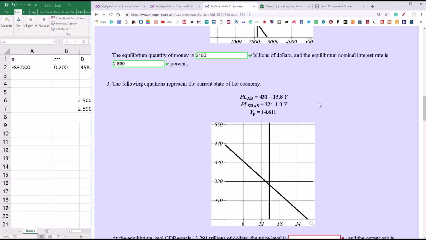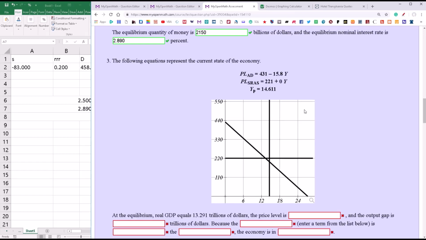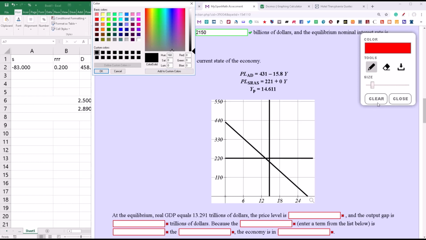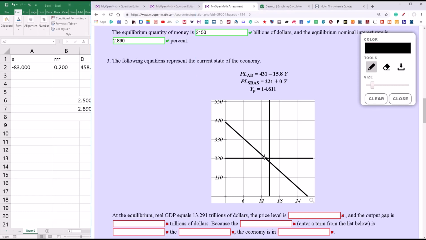Okay. Now, in the model below, we got to find the equilibrium GDP level. Well, I give it to you. You don't have to find it. Our equilibrium is right here.